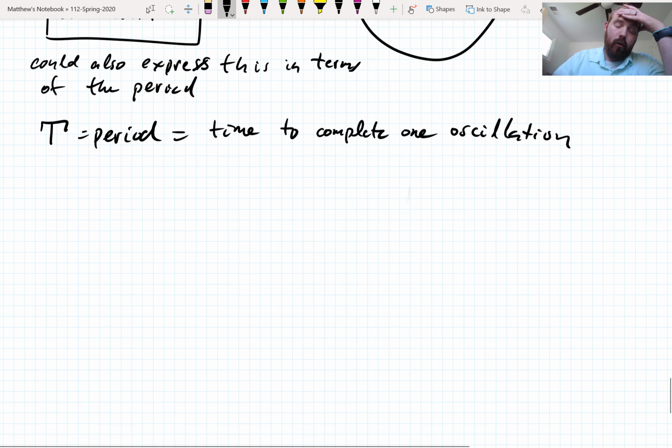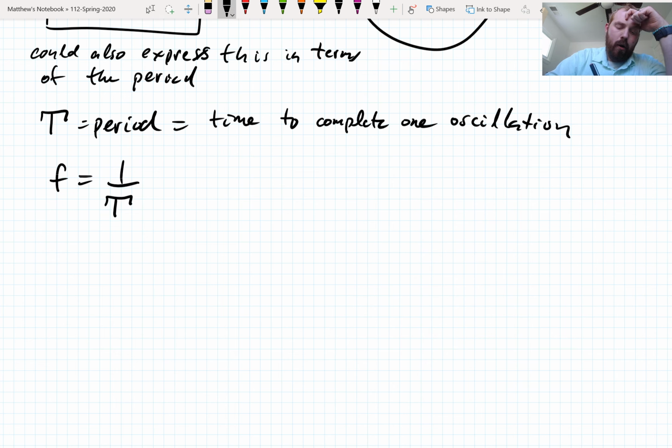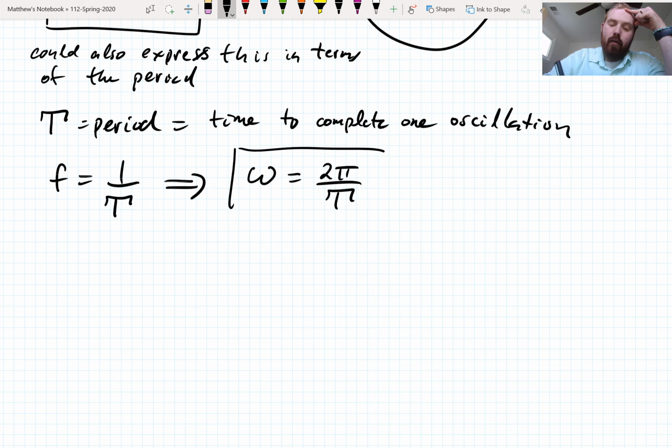The frequency is how many oscillations transpire in 1 second, and the period is how much time it takes to do one oscillation. They're inverses of each other. The frequency is 1 over the period, which correspondingly means that the angular frequency is 2 pi over the period.